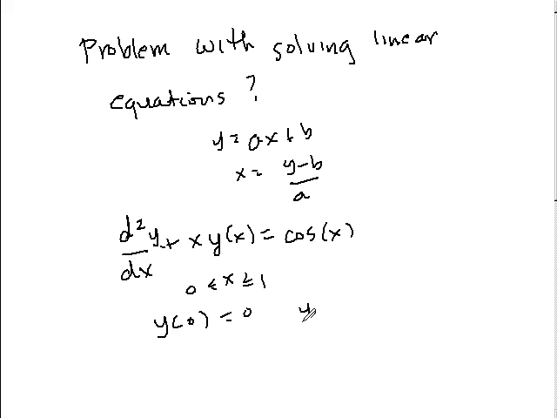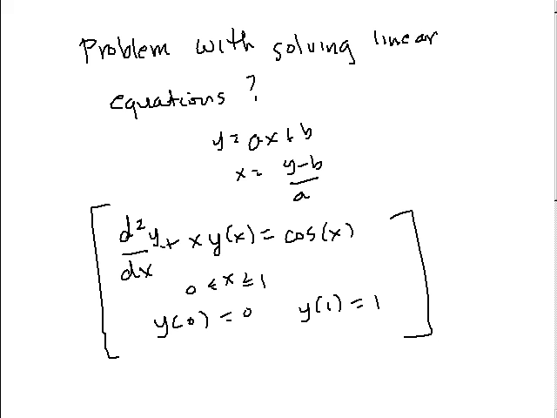Say y of 0 equals 0 and y of 1 equals 1. That's non-trivial. That's a linear equation. This preserves sum and scalar multiplication, and so does this. It's linear in y, but this is not a trivial problem to solve.